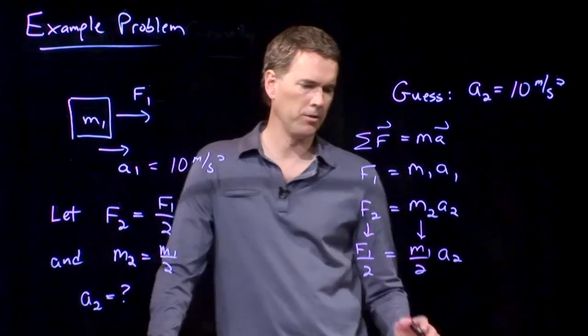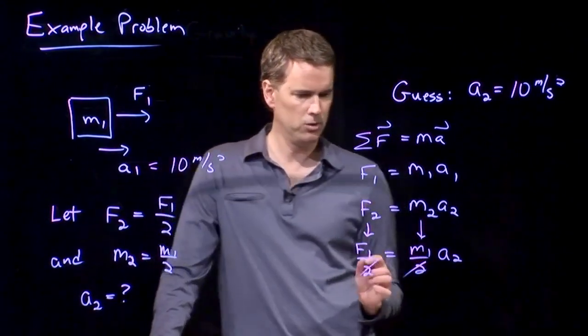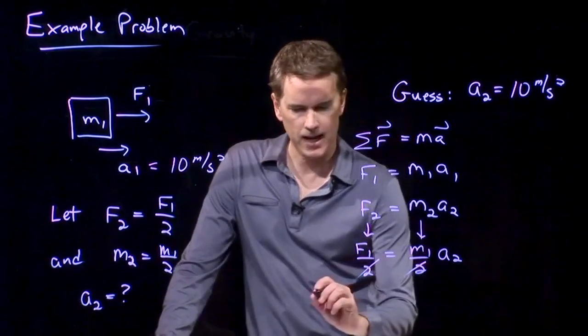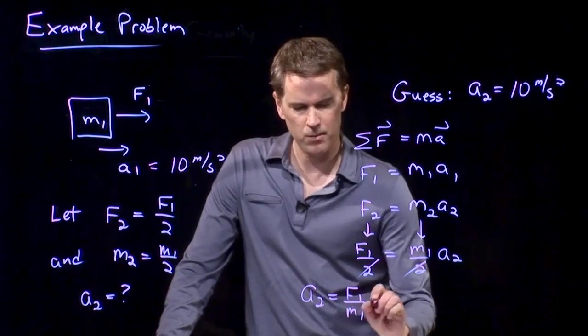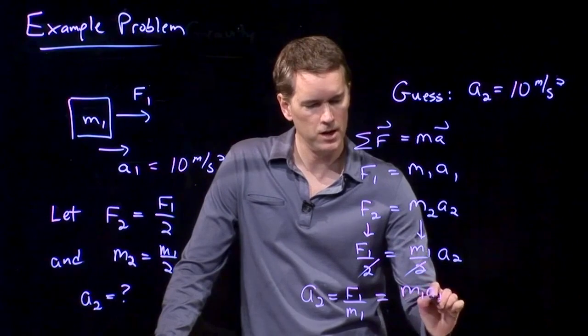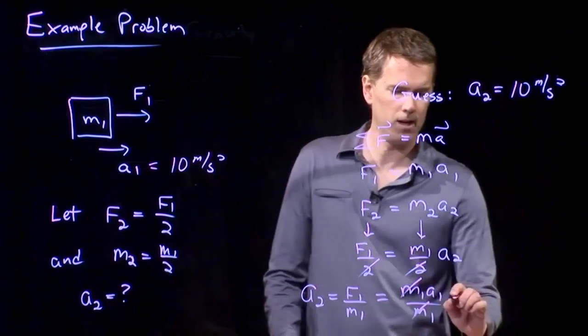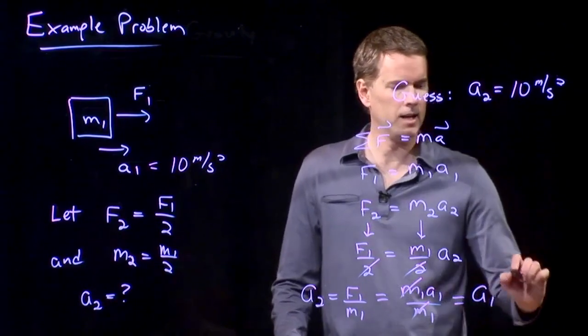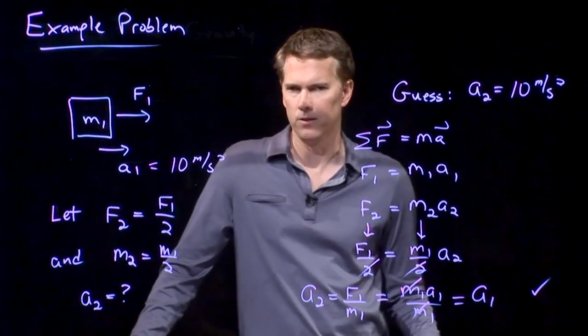And now look what happens. I can cross out the 2's, multiply left and right by 2 and get rid of those halves. And I get A2 equals F1 over M1, but that's given by this, M1 A1 over M1. Cross out the M1s, and we were right on the money. It is 10 meters per second squared, doesn't change.